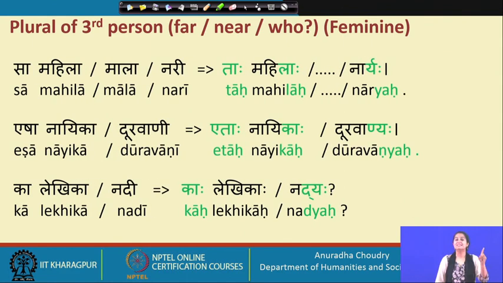So we have sa mahila, taha mahilaha. Very good. Sa nari, taha naryaha. You remember what I mentioned, that you have to pay attention to the ending of the words because that will indicate to you how it will be transformed.